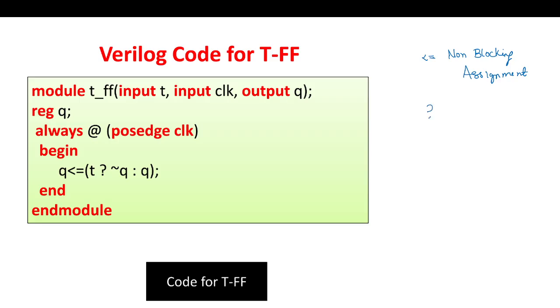This one is the ternary operator, which means, now we want the output to be, if this value is true, that is 1, the complemented value, toggle. If it is 0, we want the same value. And this should work at the positive edge of the clock, because it's a flip-flop.